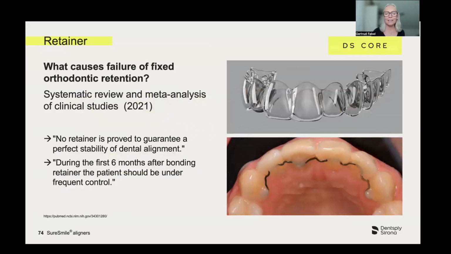The retainers. What causes failure of fixed orthodontic retention? Well, not controlling. This is the answer. Either you use fixed or loose retainers, please control them the first 6 months after bonding. I think this is the most important message.